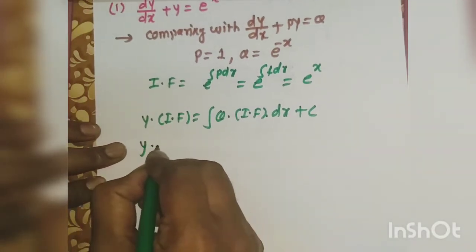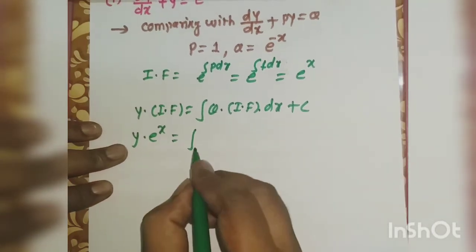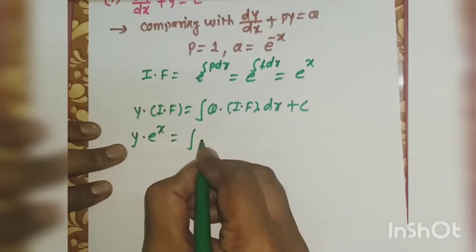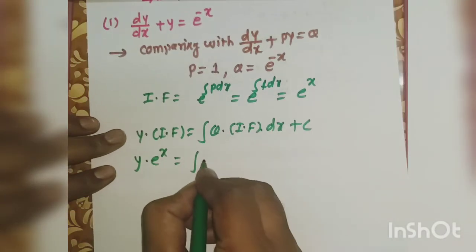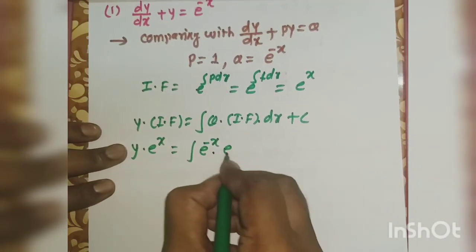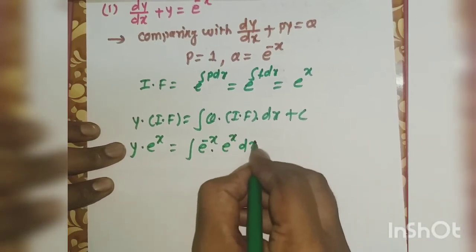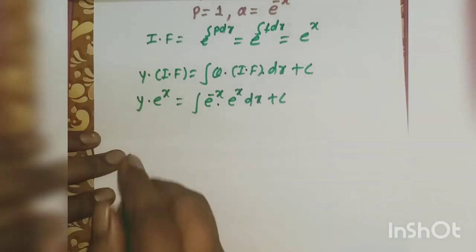So y into e raised to x is equal to integration of Q, which is e raised to minus x, into IF, e raised to x, dx plus c.